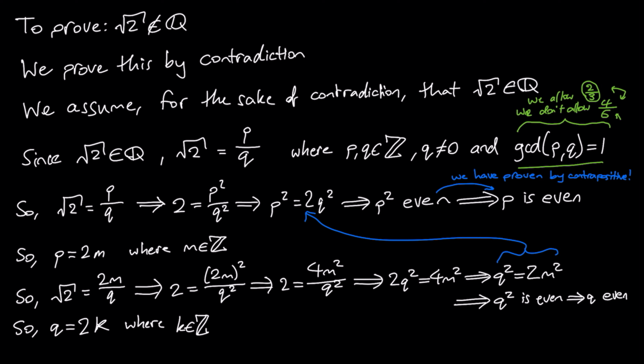But hang on, at this point we have that q is some even number and p is also some even number. But we had to assume that the greatest common denominator between p and q is 1. So at this point, there's an issue. If p is equal to 2m and q is equal to 2k, 2 is a common denominator.